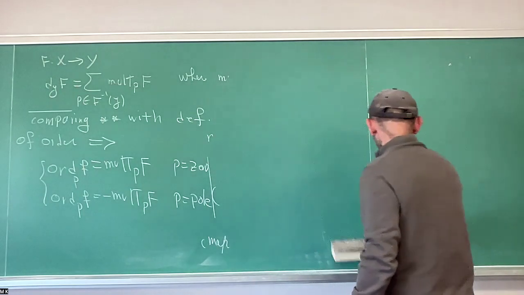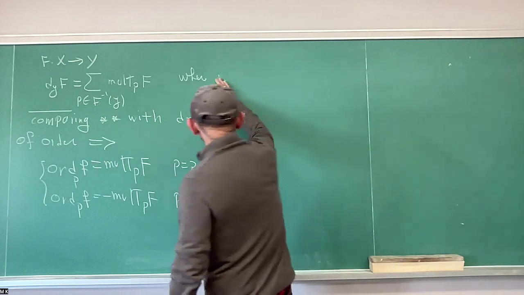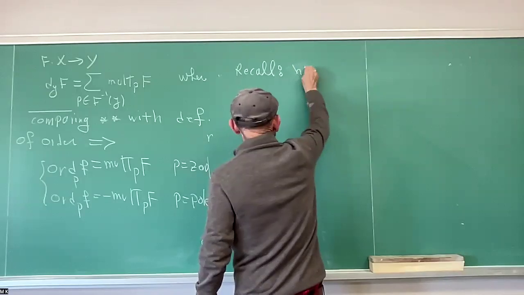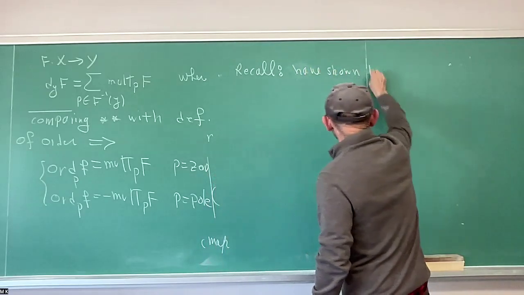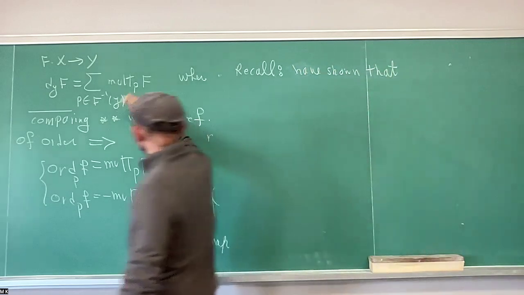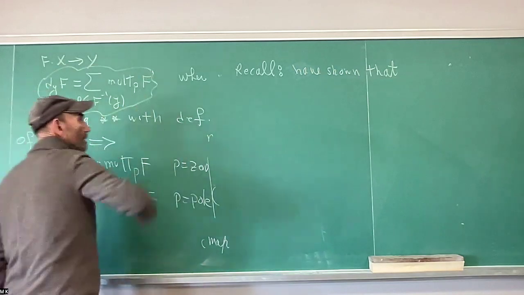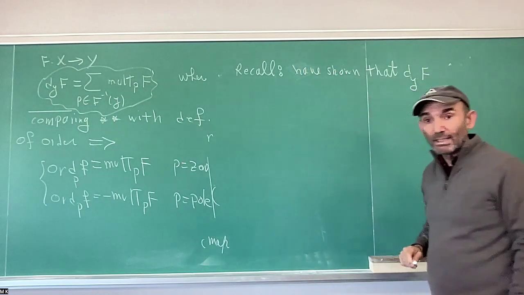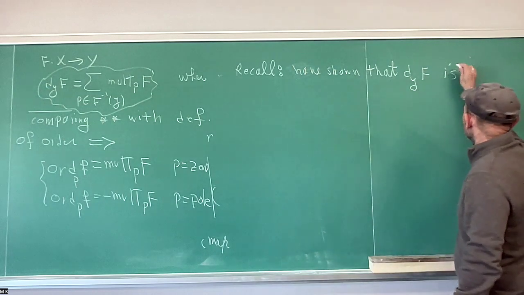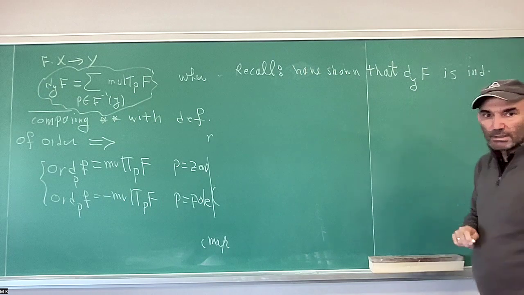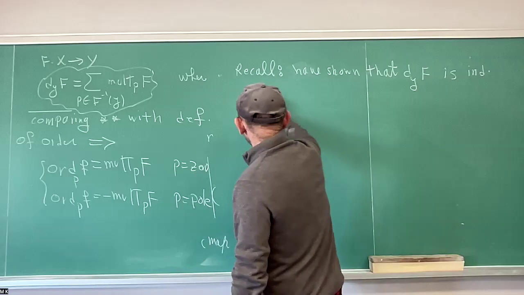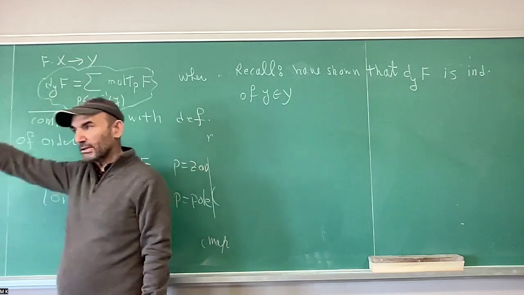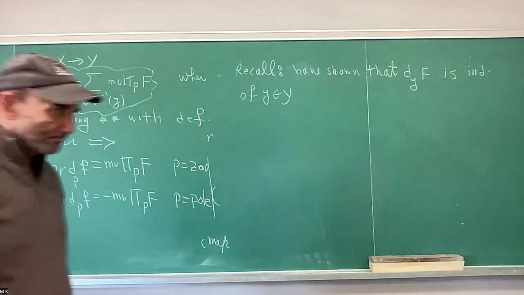Recall, we just showed that this definition of d_y of f is independent of the choice of y belonging to Y. The way we defined it, we argued that this is a locally constant function in y, and because Y is connected, it is a constant function.